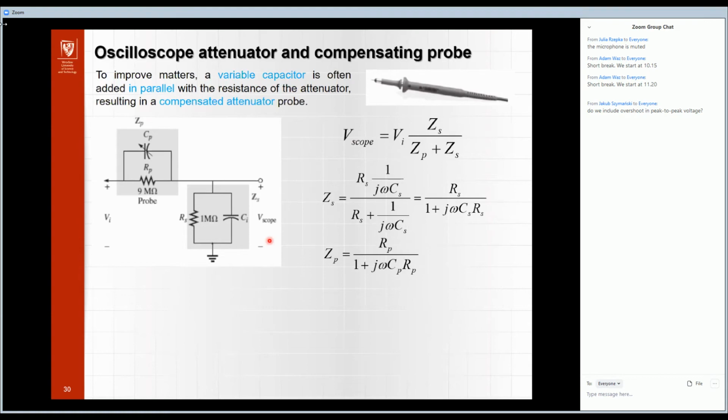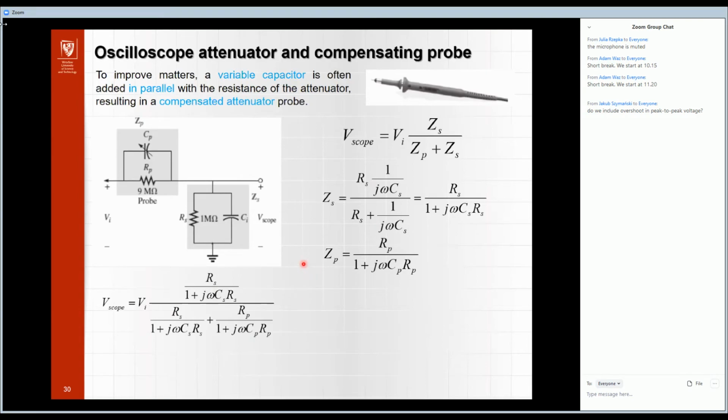And when we put it together, we know the equivalent of this circuit, Zs, is equal to this. I calculated it because it is a parallel connection, and the same we obtain for Zp here. Okay, and when we substitute these values into the main equations, we obtain that V scope is equal to V input times these expressions.